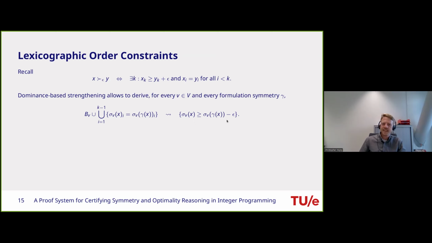So it is not exactly what you wanted for the classical lexicographic order, where you wanted that x is greater than or equal to gamma of x, but we need to weaken this inequality a bit and reduce the right-hand side by epsilon.